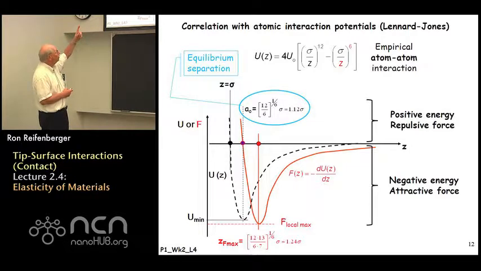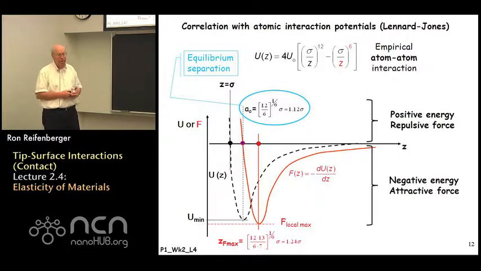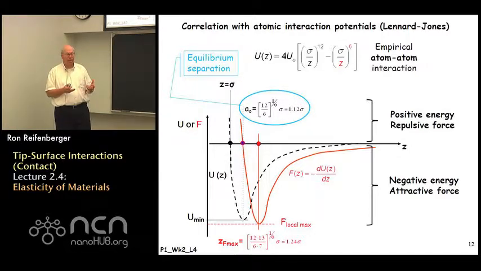One parameter, U0, is the depth of the interaction potential well. The other parameter is this value of sigma that appears in the top equation in this slide. So it's pretty straightforward to predict sigma in terms of the equilibrium separation between atoms.